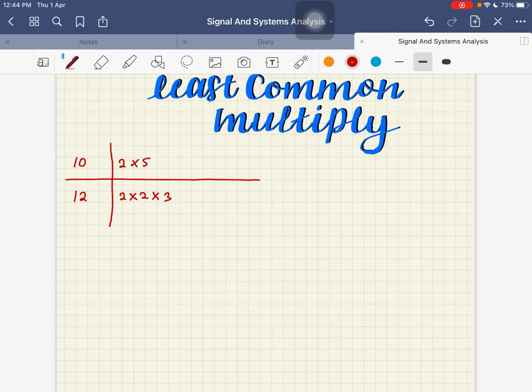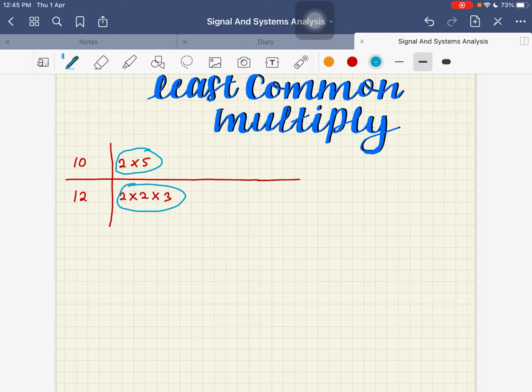Now that you have reduced these two numbers to their prime factors, the next thing you want to do is determine the highest frequency of each prime number that appears.